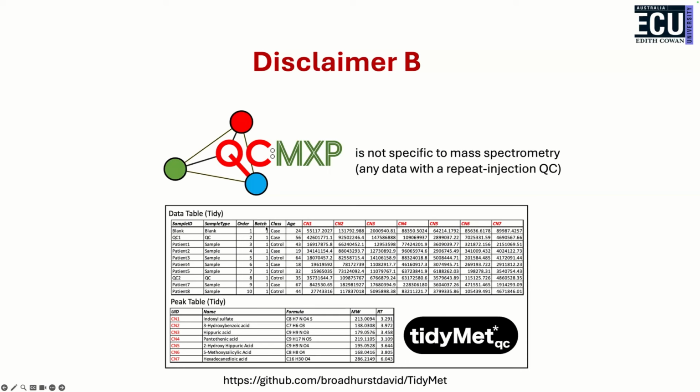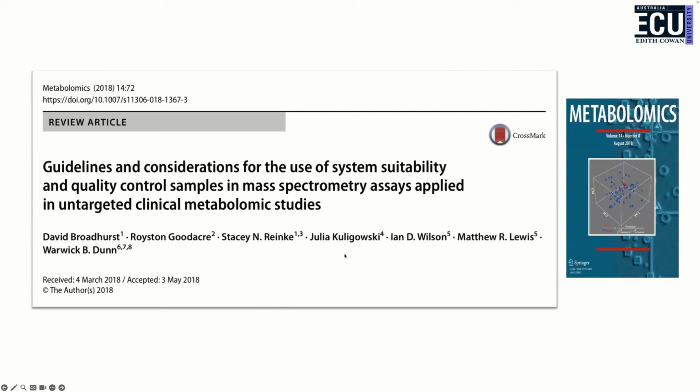And then you can have other data in that table as well, that you might use for statistics later. Linked to that will be a peak table, which will tell you the name, maybe the molecular weight, retention time, and any other metadata that you have for each peak or feature. It has to have a unique ID and a name. Other than that, it's optional. So that's the starting point for the data sets.